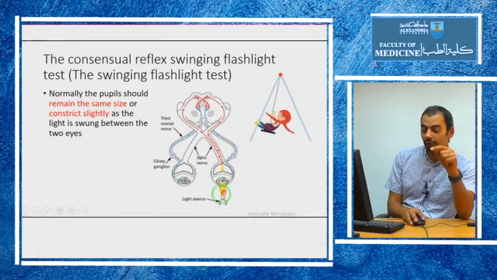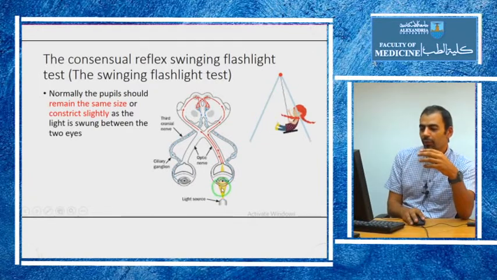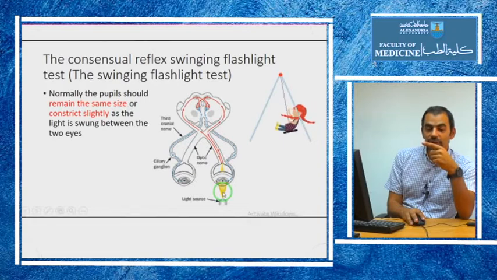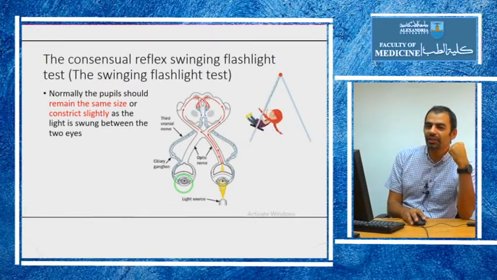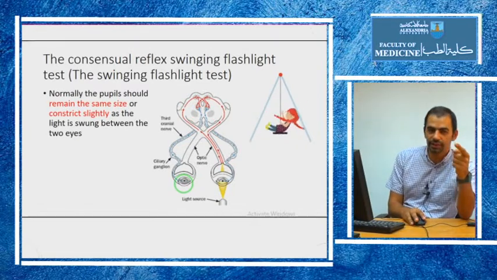So when the light is shown, for example, to the left eye, both the left eye and the right eye are constricted. Then when I quickly swing the light to the other eye, the right eye, the right eye should be in constriction consensually, and it should maintain this constriction.